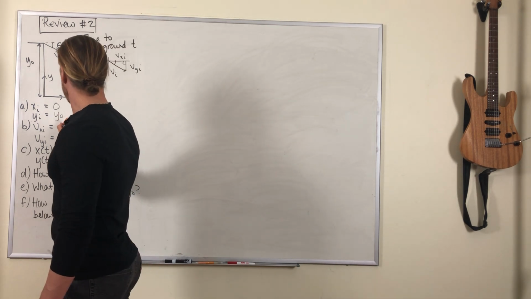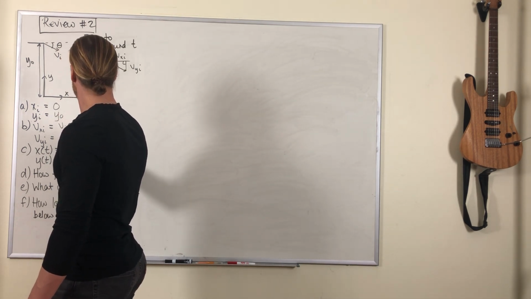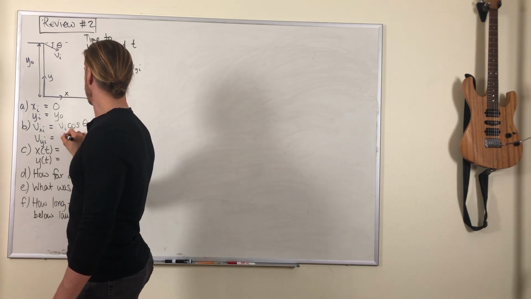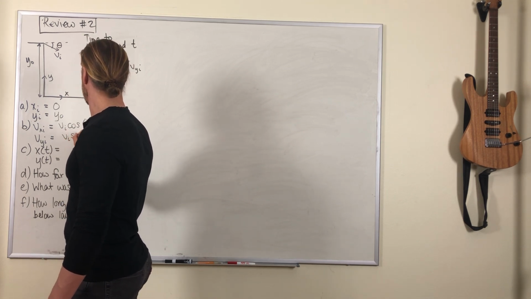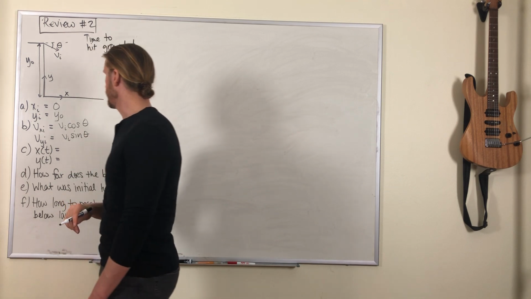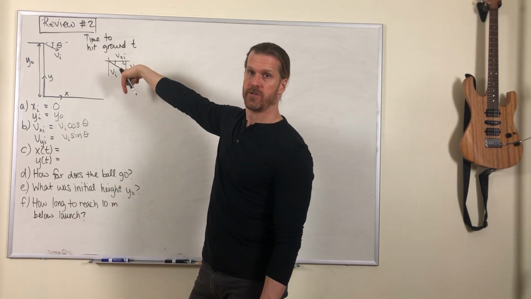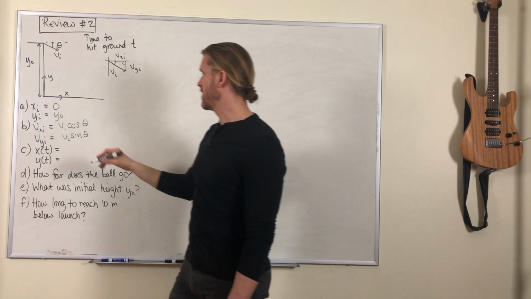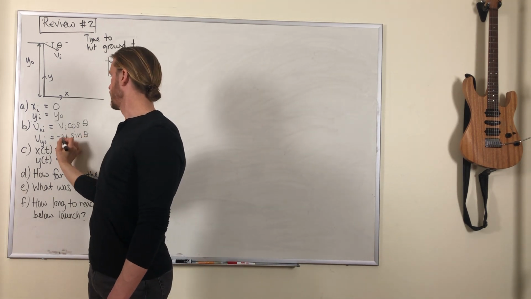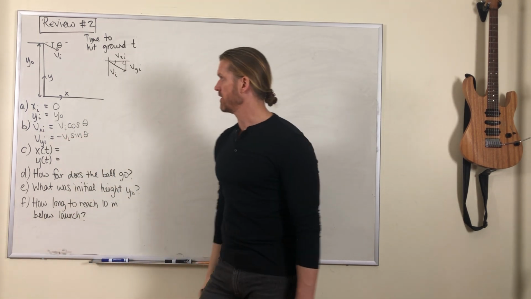So we have Vx is Vi cosine theta, Vy initial is Vi sine theta, because it's opposite. And keep in mind that the y component is going to be going downward, and so in our coordinate system, that gets a negative sign.